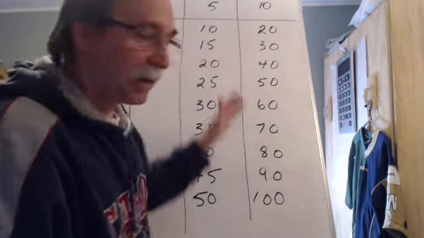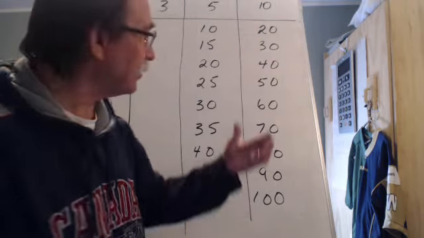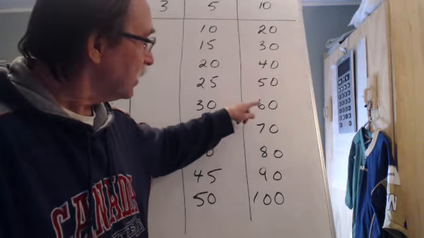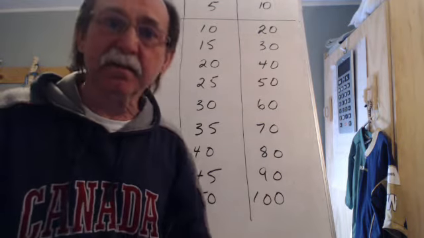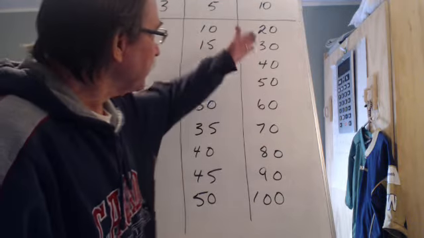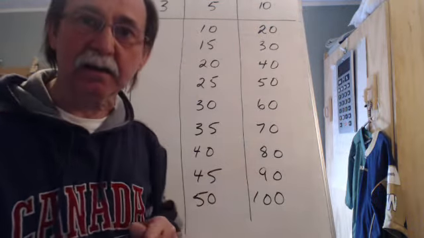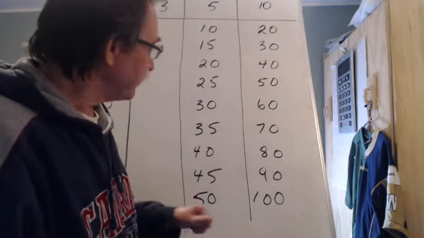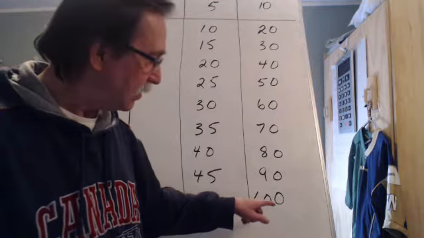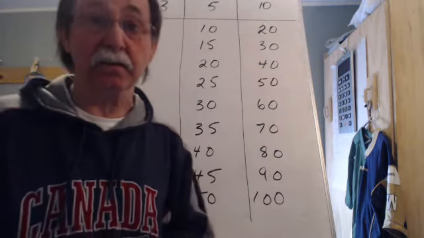Every one of them ends in a 0. So I know that 60, if I want to think about 60, I can think of 60 as 6 times 10 or 10 times 6. Same with any of these numbers up here. 90 is actually 10 times 9. Okay, 100 is a special number. It's 10 times 10. 100 is going to be a number that we're going to use a lot in this course.